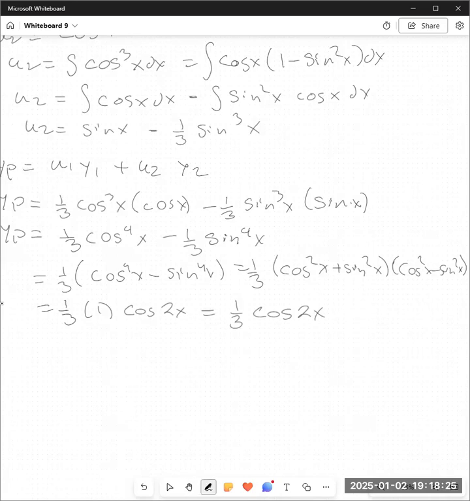I also have an extra piece that I forgot about. Just a second, because there's this sine x that's up here. So that is u2, that's part of u2. So u2, y2 was sine. So there's another sine squared out here.